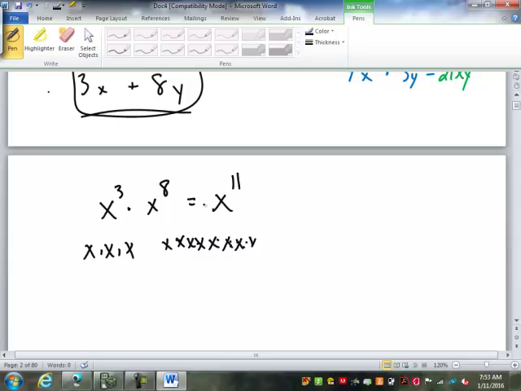Remember, when we're multiplying, the appearance is that we're adding the powers. We're really multiplying, but it appears as though the powers are just getting added. And we can always use that as a shortcut. y to the 7th times y to the 15th is going to become y to the 22nd.